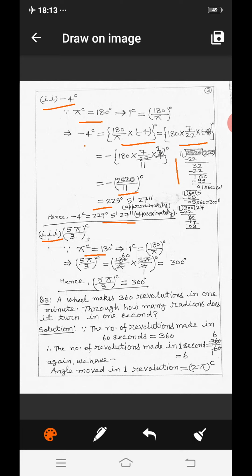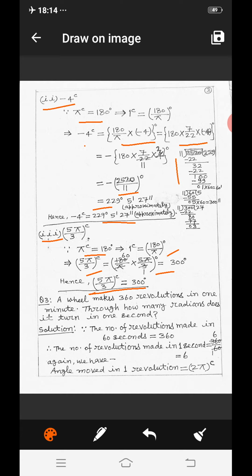So 1 radian is equal to 180 by pi degree. Implies that 5 pi by 3 radian is equal to 180 by pi into 5 pi by 3 degree, and after solving we get 300 degree. Hence 5 pi by 3 radian is equal to 300 degree.